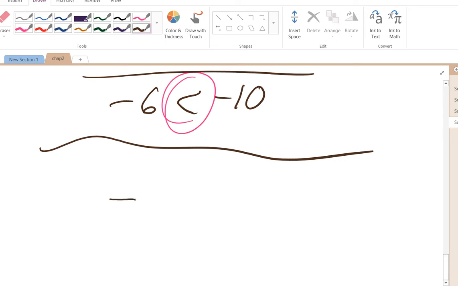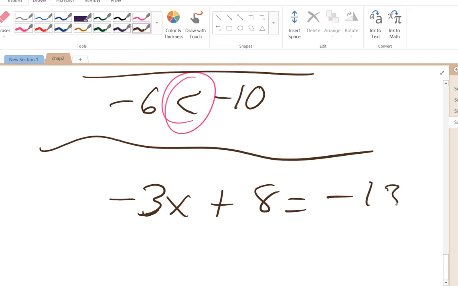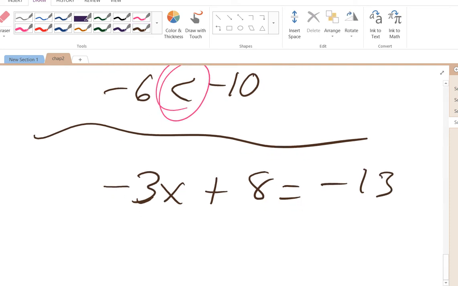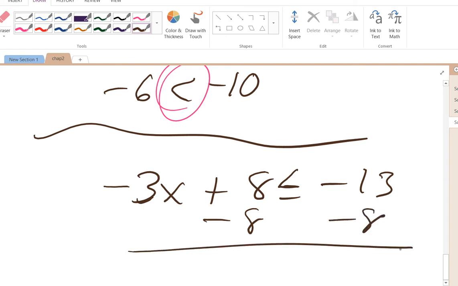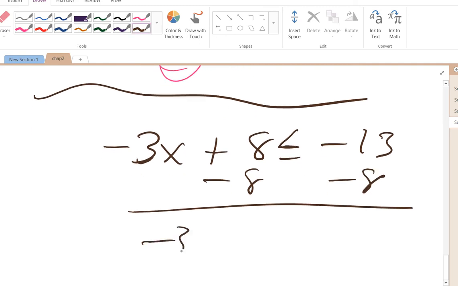We have negative 3x plus 8 equals, say, negative 13. Okay, we'll do one like that. And we subtract 8. That's okay. Nothing changed there. We can add and subtract all we want.